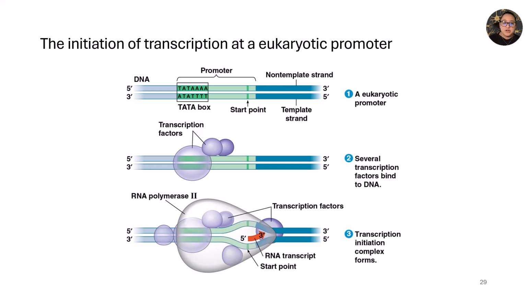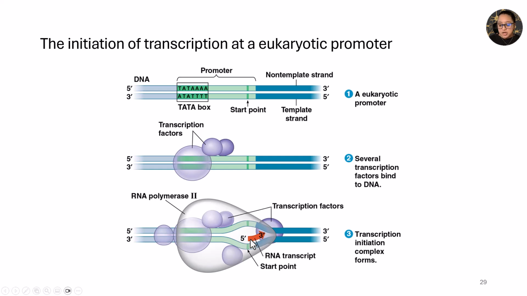That's where RNA polymerase and these transcription factor proteins come together and assemble into this whole complex, and then they can start transcribing. That is the official start point, signaling this is where you get started. And then it starts transcribing.